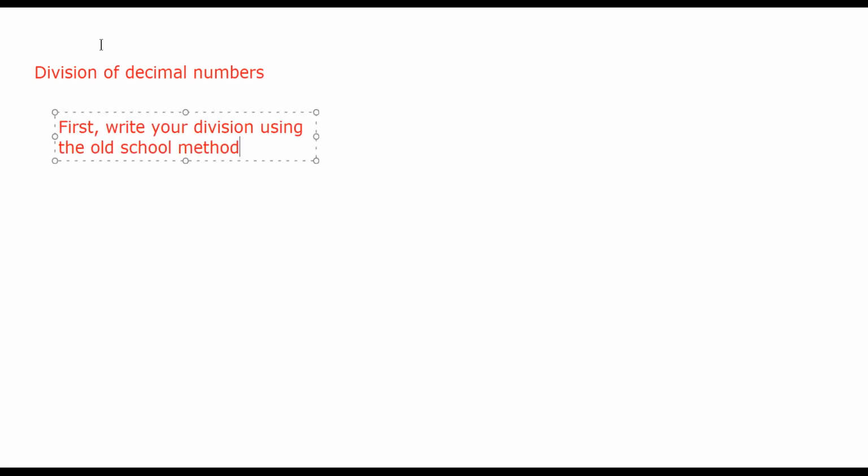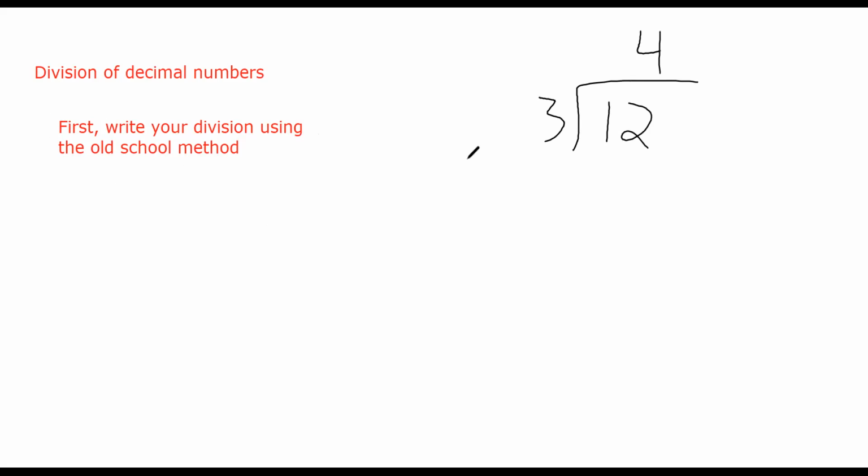Division of decimal numbers. Here's the rule you're going to follow. First, write your division using the old school method. So this is kind of what the old school method would look like.